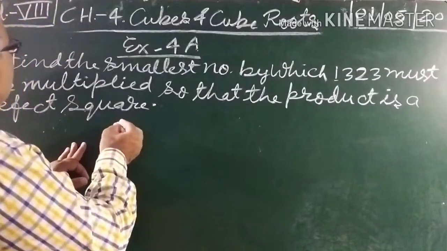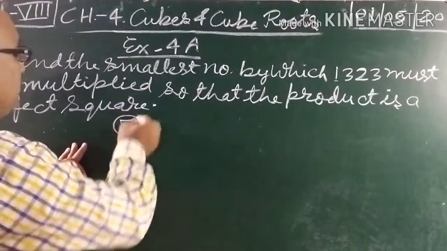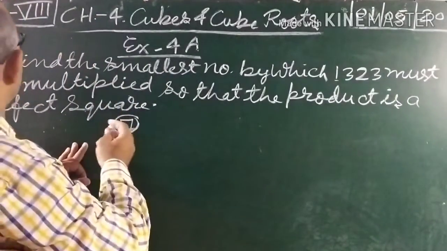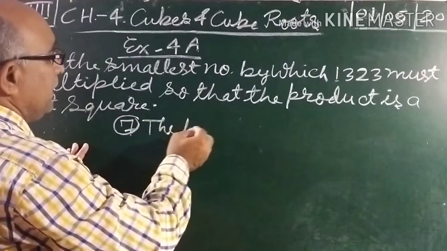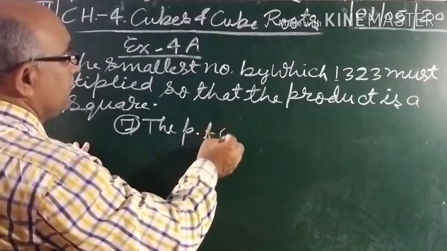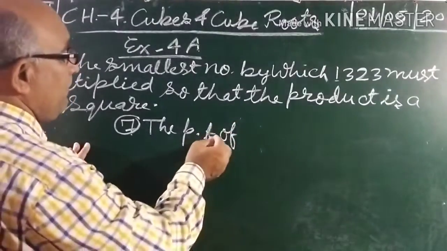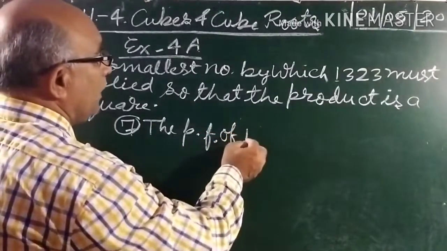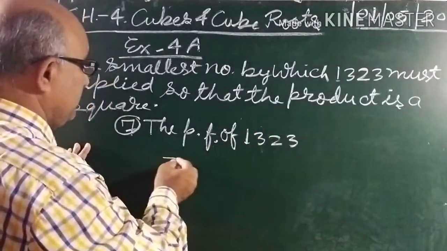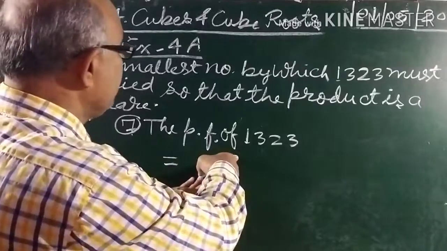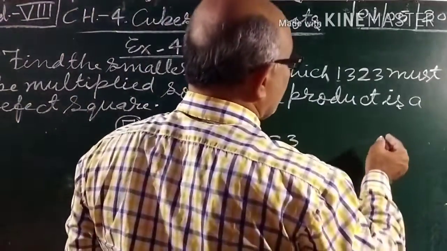First of all, question number 7. Write the prime factors of 1323.